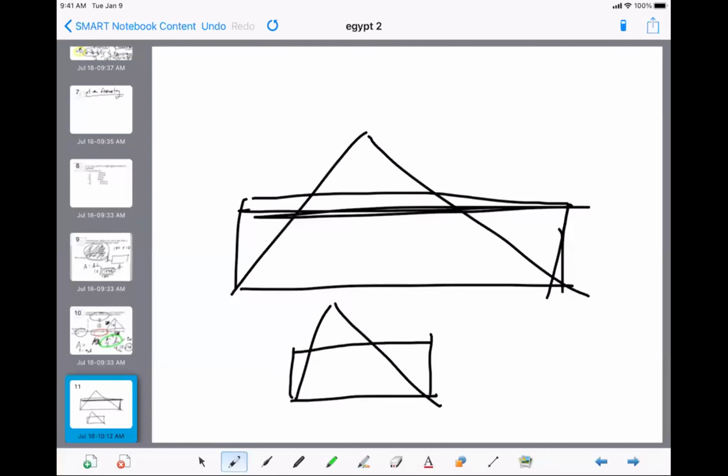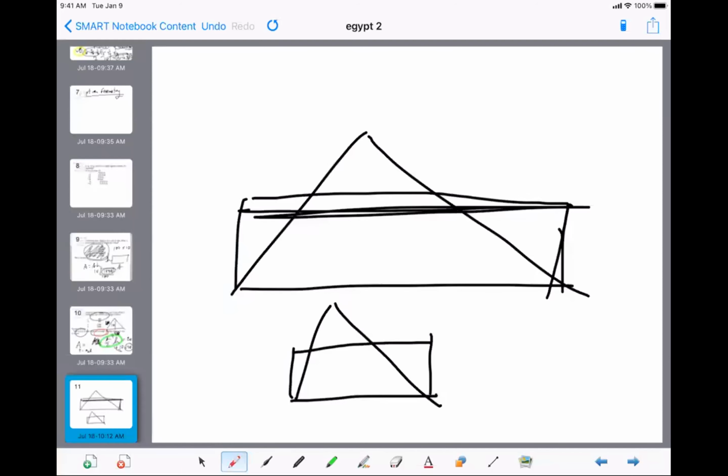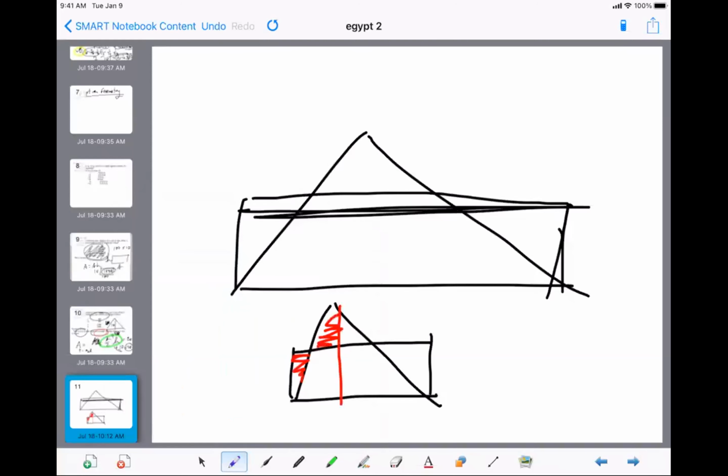Here's what it makes me think of, because I've seen things like this before. If I draw this line down the middle, you can see how this piece is kind of equal to that. And maybe this piece, if I drew it to scale, would be equal to that.